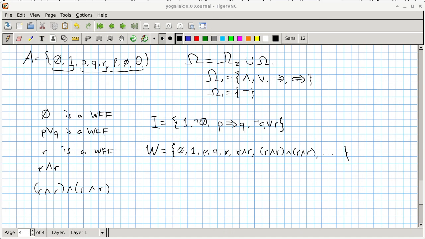But the number of elements in W, the set of all well-formed formulae, is actually infinite. Is that okay? Does everybody get a good sense of why uppercase W, the set of all expressions that are syntactically correct, is actually infinite?